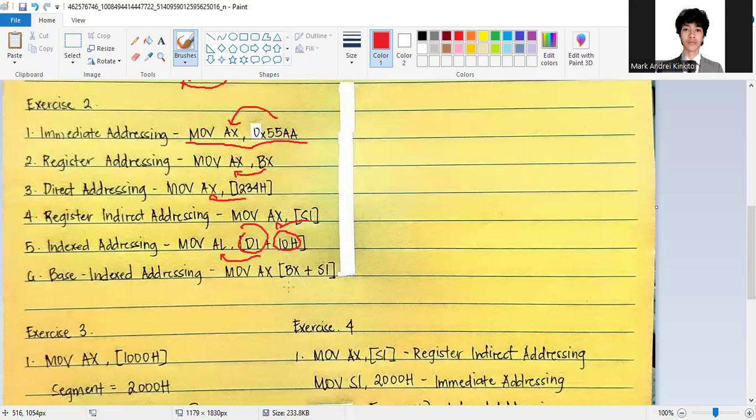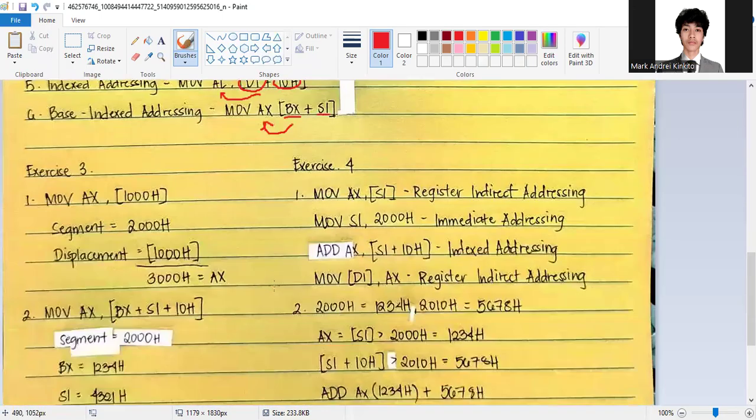BX plus SI is going to be moved to AX, which is base index addressing. Base index addressing is just adding two registers, and then we'll move the result to AX. There you go. So that's it so far.